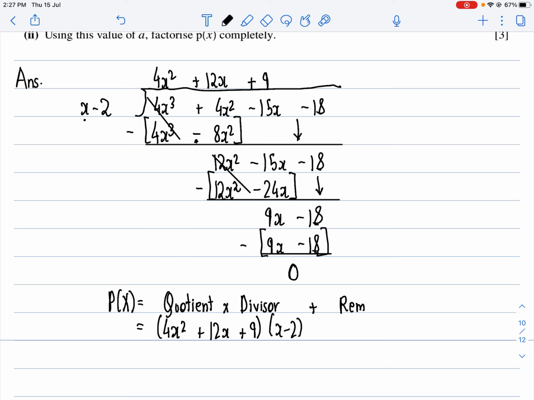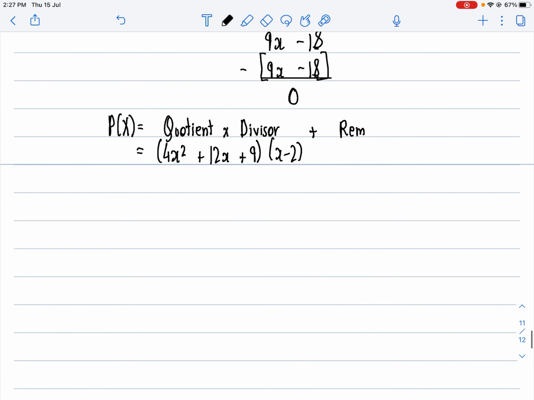And the remainder is 0, so I don't need to write it. Now to get the values of x and get my factors, I equate this to 0. So I get 4x square plus 12x plus 9 equal to 0, and I get x minus 2 equals 0.